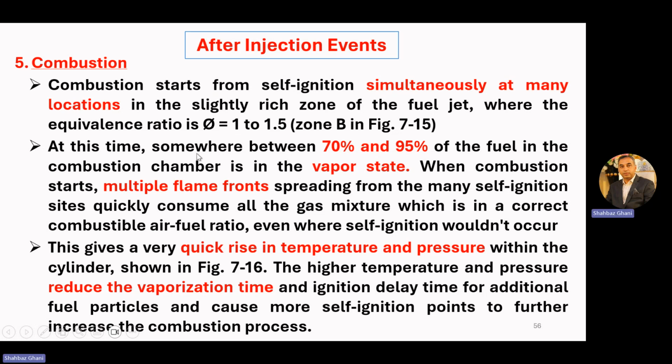At this time, somewhere between 70 to 95% of the fuel in the combustion chamber is in vapor state. So when combustion starts, multiple flame fronts spreading from the many self-ignition sites quickly consume all the gas mixture which is in a correct combustible air-fuel ratio, even where self-ignition would not occur.